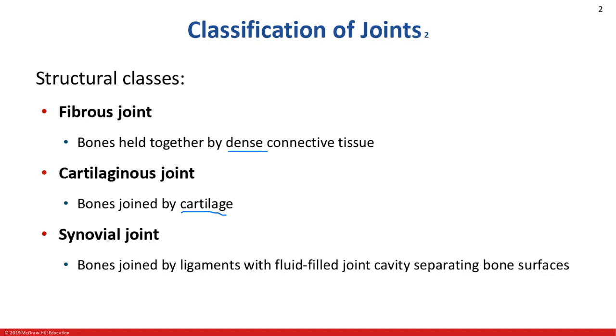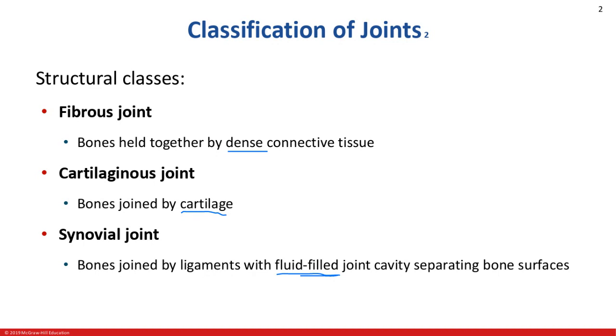And then our last one is going to be the synovial joint. These joints have bones articulating with a capsule around them, but most importantly, they're fluid-filled. We're going to talk about some of the characteristics and functions of this fluid.